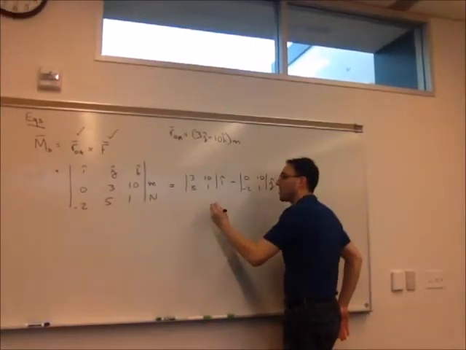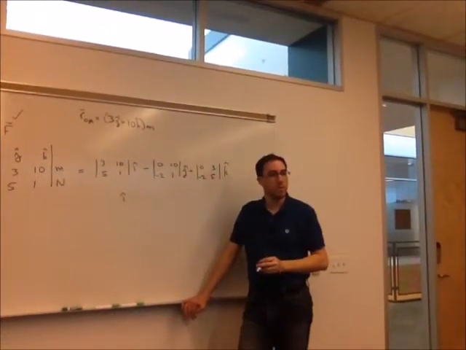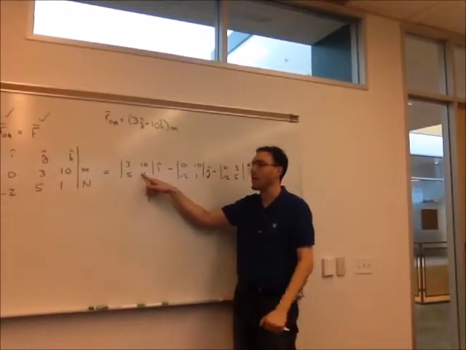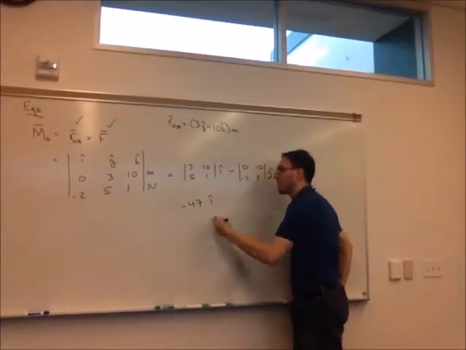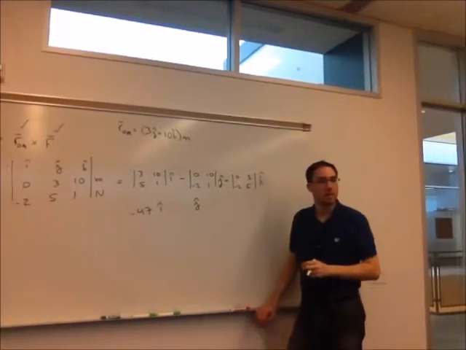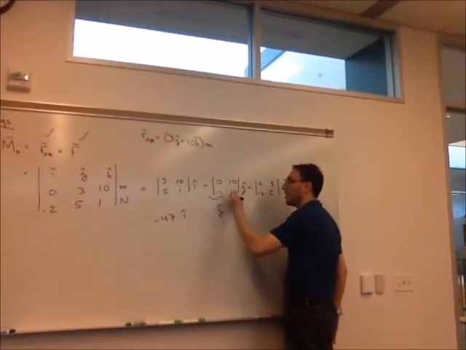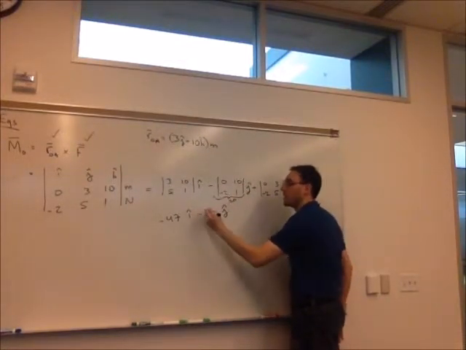So what is the coefficient in front of I going to be? Right, negative 47. So remember, it's 3 times 1 minus 10 times 5. So negative 47. What will be in front of the J? Yeah, 20. Right, so this is 20, so we subtract positive 20.